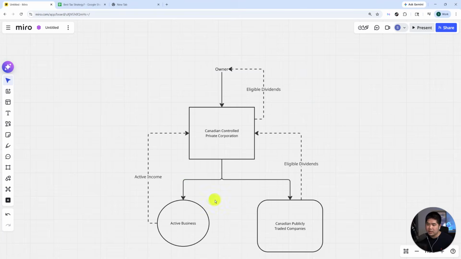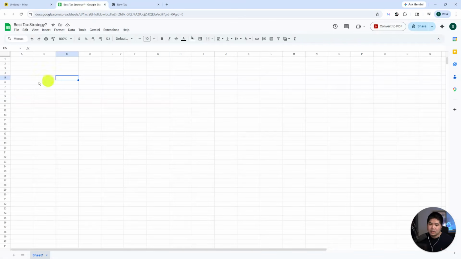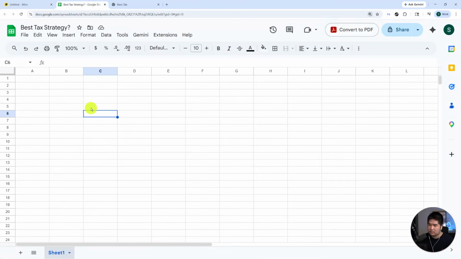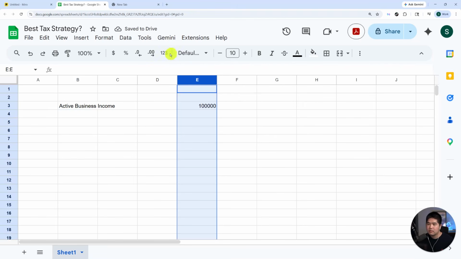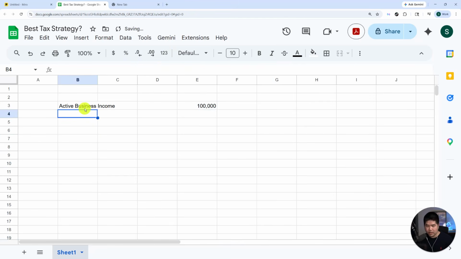So let's see if it's right. Let's say we have active business income, let's say $100,000. And then we will have to pay corporate tax.